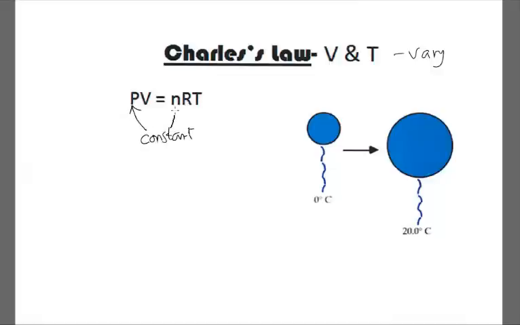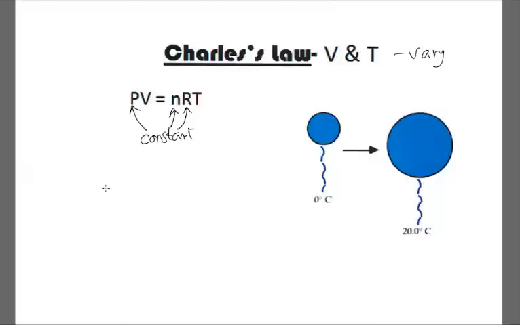Pressure, number of moles, and always the universal gas constant. What's an example of this? This is an example where you also need a volume that can change, like a balloon. You have a balloon at a certain temperature, you change the temperature, and you see what happens to the balloon. If you warm up a balloon, it will get larger.